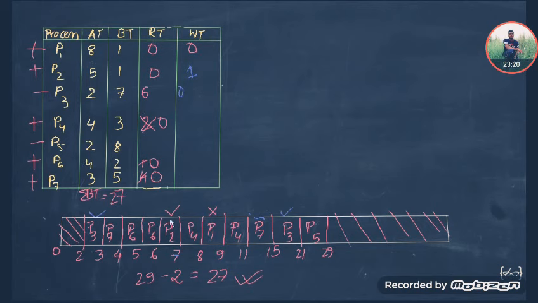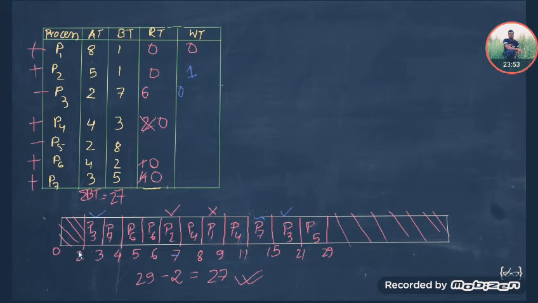For the second time that P3 has arrived, we subtract the finishing time of the first occurrence of P3 from the visiting time of the next occurrence of P3. That happens in all the cases. Once a process has appeared here, it has also appeared here, like P7 has appeared once here and once here. The same rule goes for all the processes, whether they appear once or more than once.